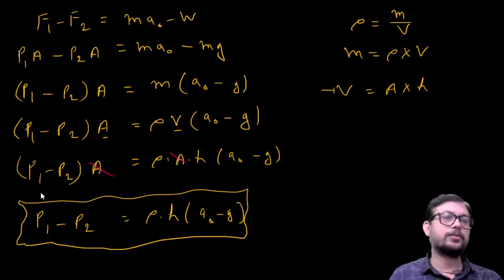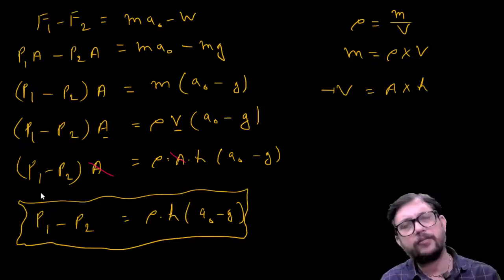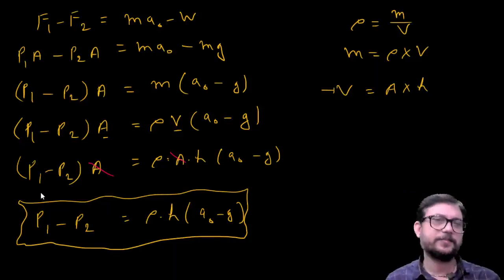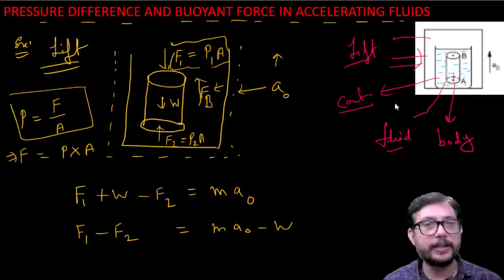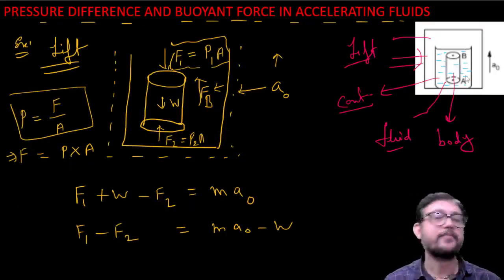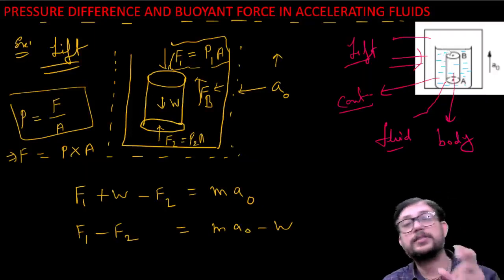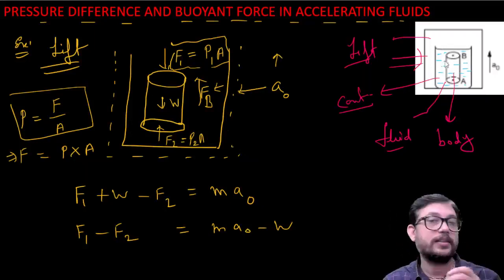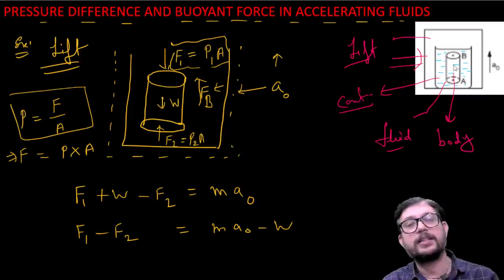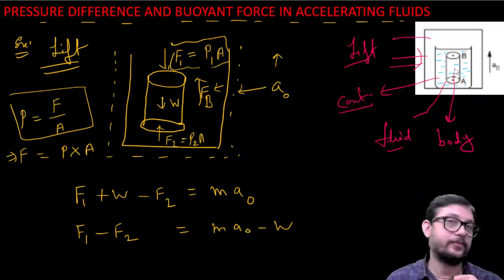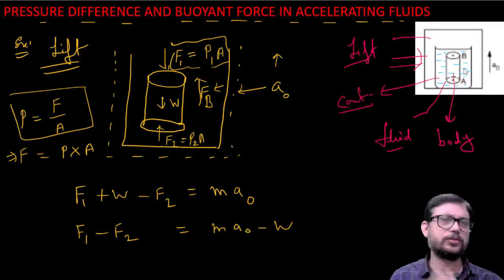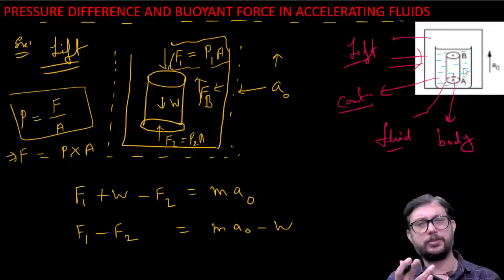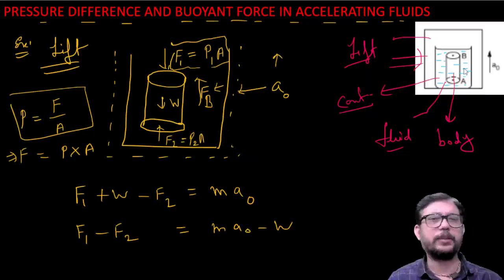So the basic thing we have learned here is that we have a container and a body which we have assumed, and the body also represents the fluid itself. In either way you can consider it, because here we have to calculate the pressure difference in accelerating fluid only.